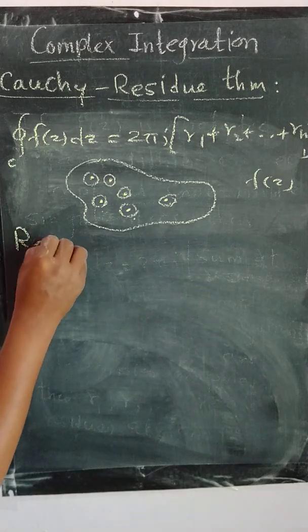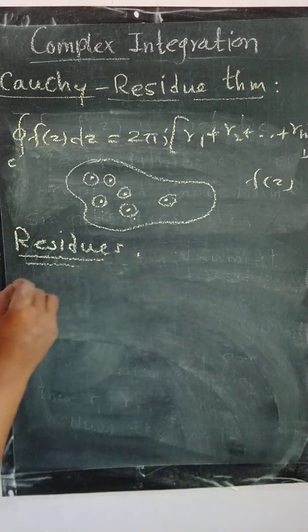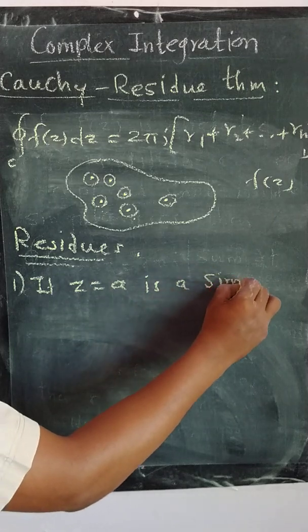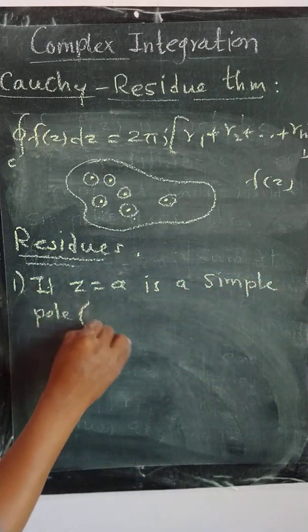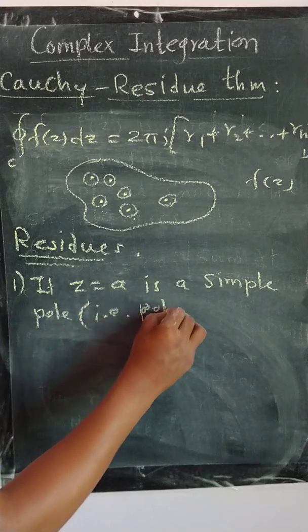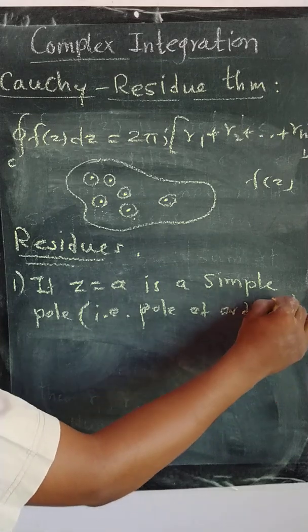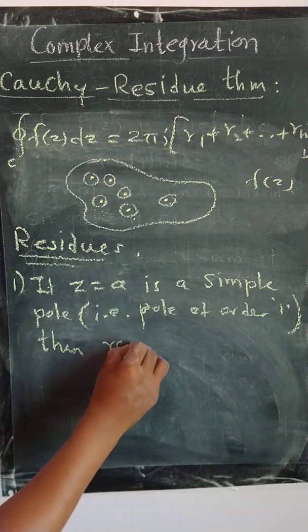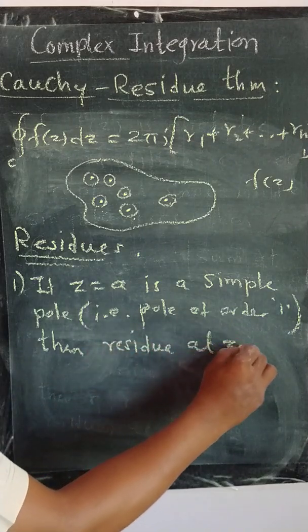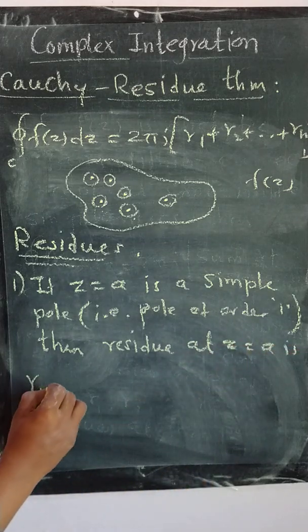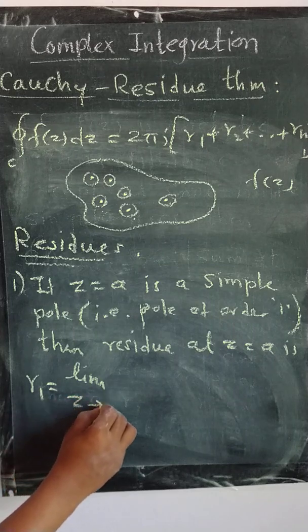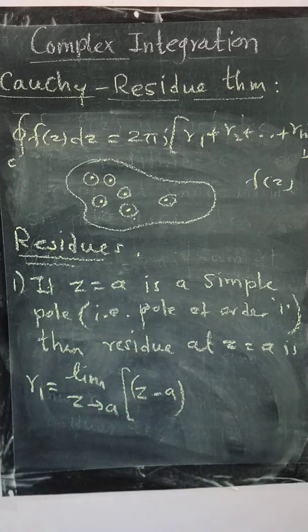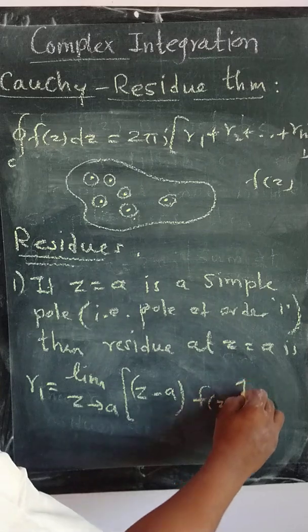So first, if z equal to a is a simple pole, that is a pole of order 1, then the residue at z equal to a is R1, which is the limit as z tends to a of (z minus a) into f(z).